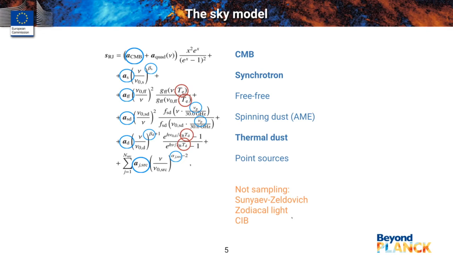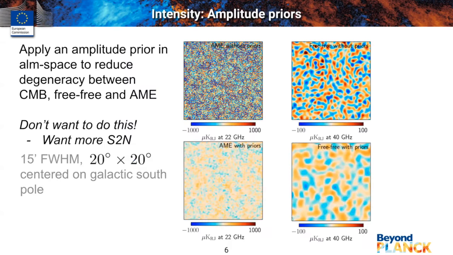So in the BeyondPlanck analysis, there were several other things that we did to work around this issue of having a small data set. And one of these things is including amplitude priors in intensity. And this is because we have to mitigate degeneracies between CMB, free-free, and AME without including too much bias.